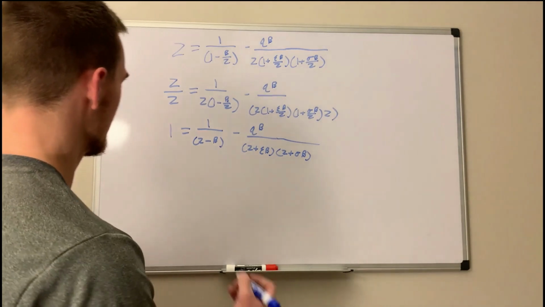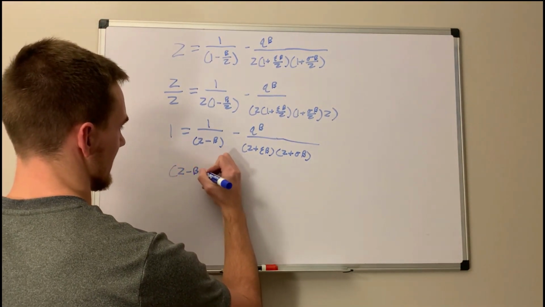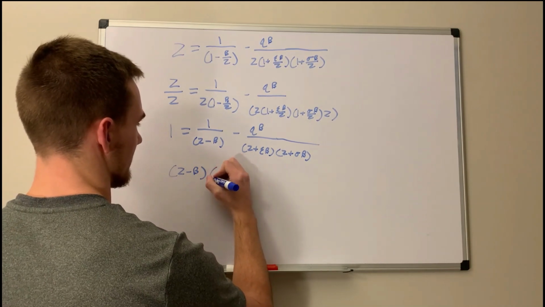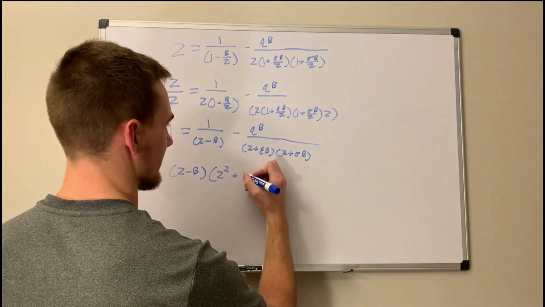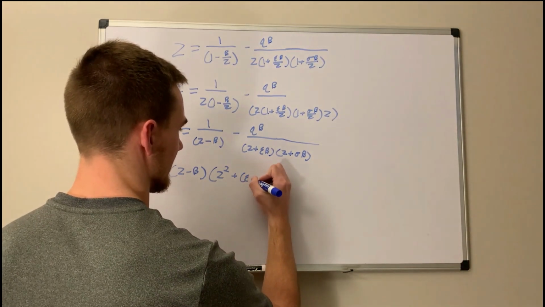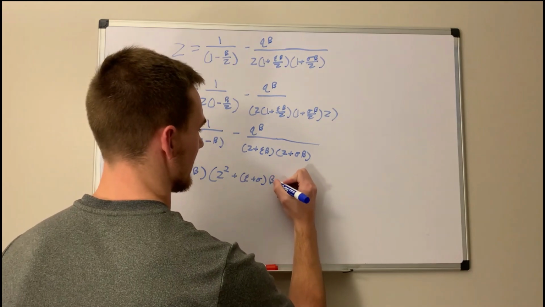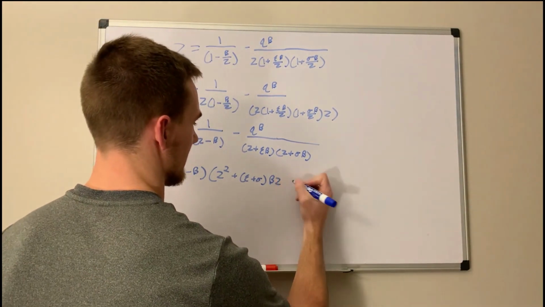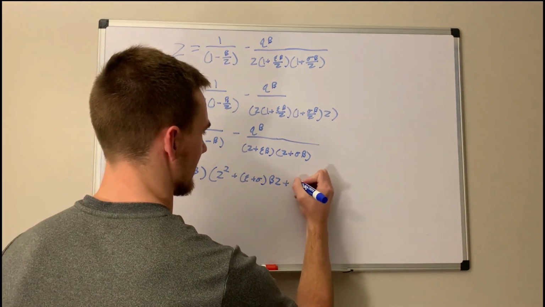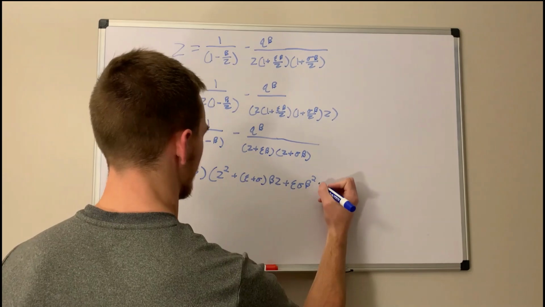So if we do that, we can see here we'll have z minus beta, and this will be times z squared plus epsilon plus sigma, okay, and this will be times beta times z, and this will be plus epsilon sigma times beta squared.